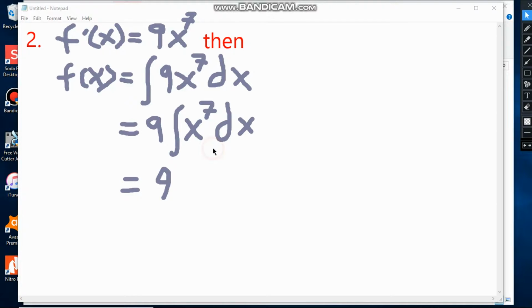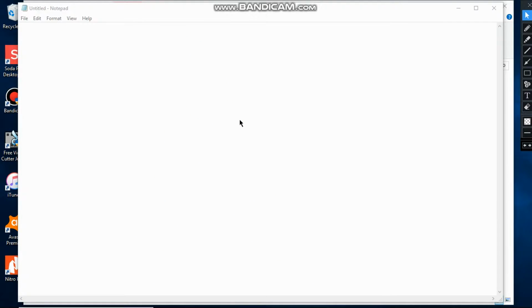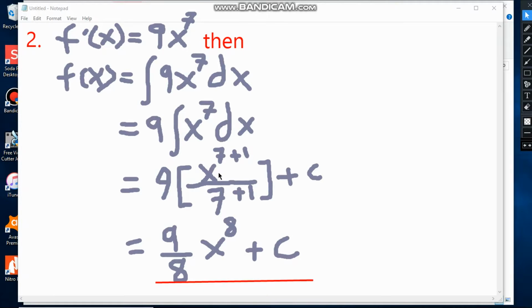What do we get? x raised to 7 plus 1. For integration, we must add 1 to the power of 7, and we must divide by this result, and then we must add a constant, and the result is 9 over 8 times x raised to 8 plus c.